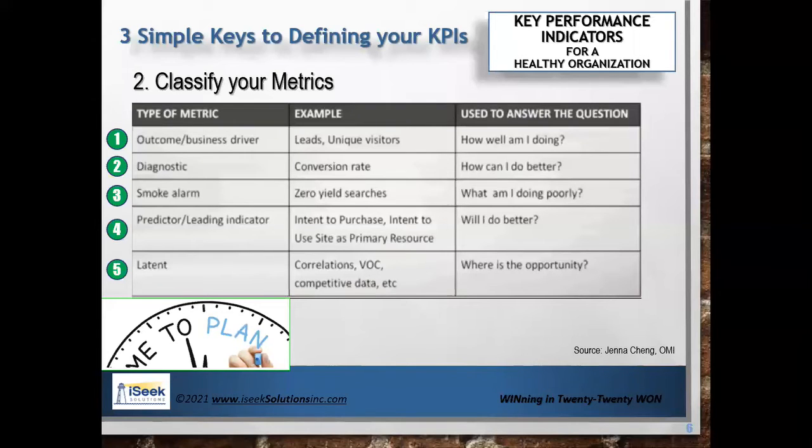A conversion rate is whether those prospects are actually turning into paying customers. So the type of metric that looks at that is diagnostic. Just simply, what is the conversion rate? Are we turning prospects into customers? And are we doing that at a good rate?